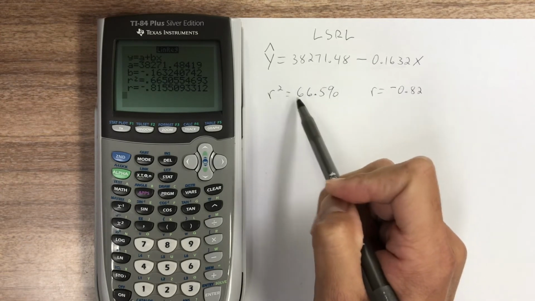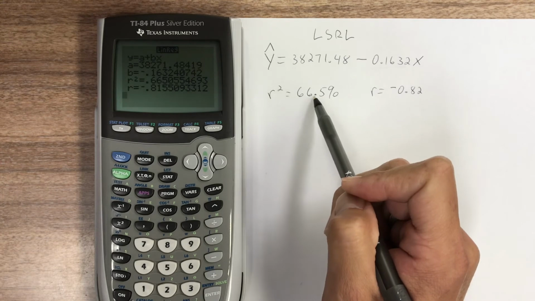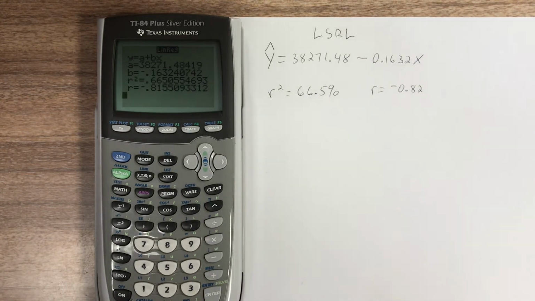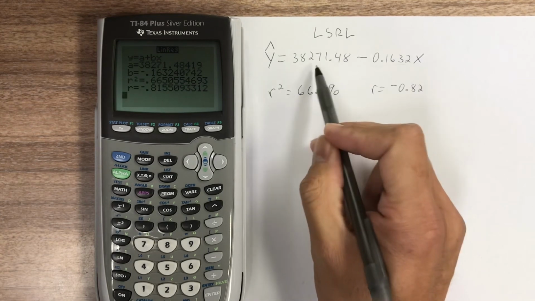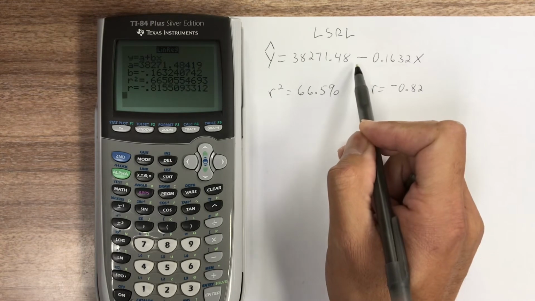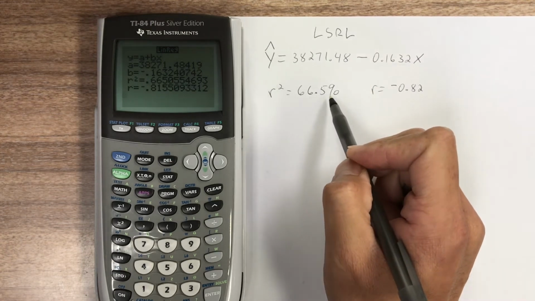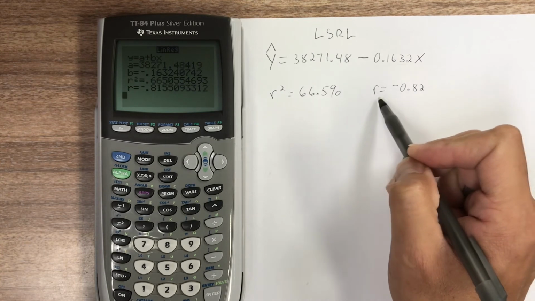The higher this number or percent is, the better. But right now we have 66.5. It helps you to determine how much of the data you can rely on. So somewhat, you can say that you can rely on this line, the least squares regression line, for about 66.5% of the data. R is the actual strength of the association.